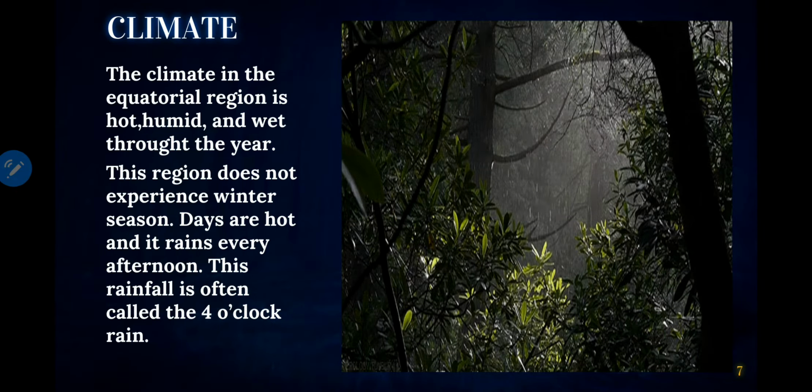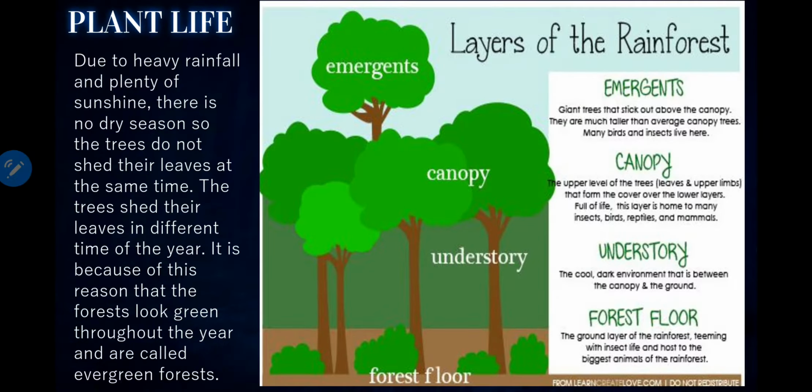The length of the day and night is more or less equal throughout the year because the rays of the sun shine vertically on the equator. Now, let us learn about plant life of the equatorial rainforest. Due to heavy rainfall and plenty of sunshine, there is dense growth of trees in this region.